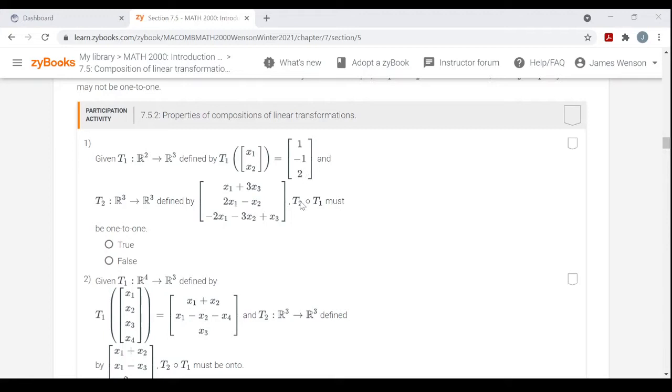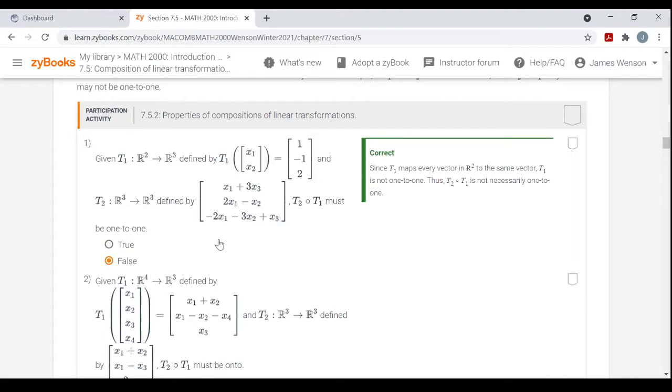And if you did T2 composed with T1, every vector you threw into T1 would go to this vector 1, negative 1, 2, and then you'd plug this 1, negative 1, 2 into T2 and get the same output every single time. So many inputs would go to the same output. This is not one-to-one.